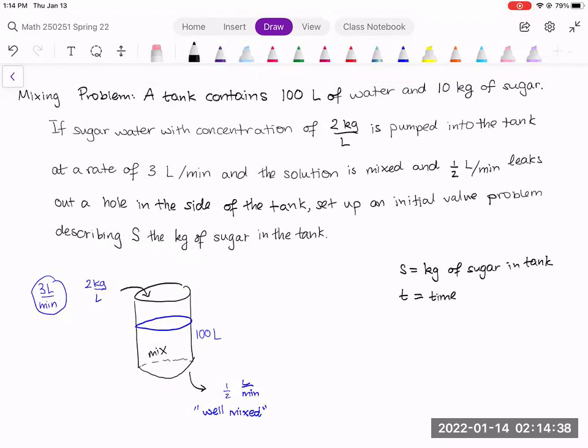All right, so the physical property that we're going to use here is the total rate of change. Our interest is in describing the rate of change of the amount of sugar overall. So this is the total rate of change of the amount of sugar.